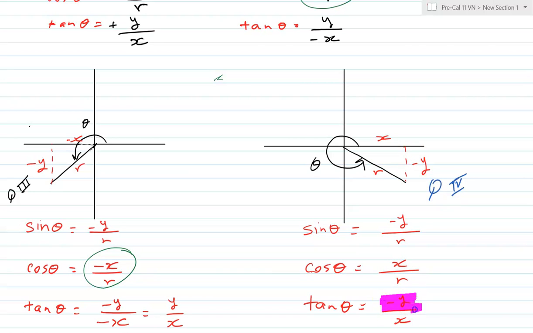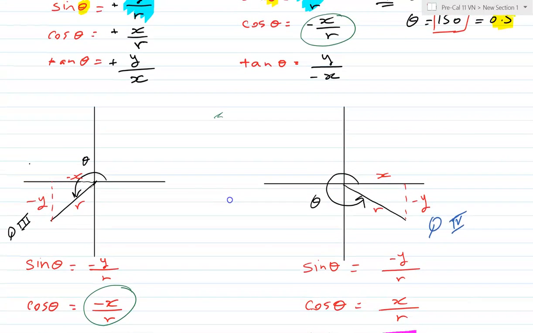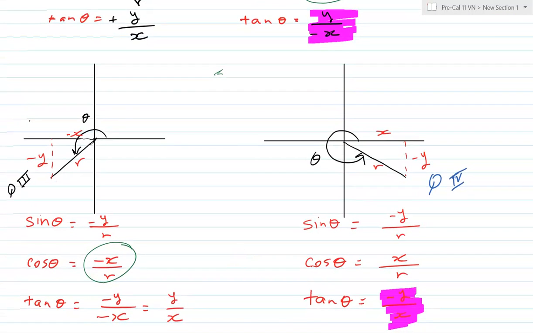Quadrant 4 tangent, if you can see it, is equal to the same as in quadrant 2. You see that? They're exactly the same ratios. So it's very crucial. Why do we need this? We need this because for any given ratio, you could have two possible standard position angles in different quadrants. Okay? That is the crucial part of the whole thing that we just did.